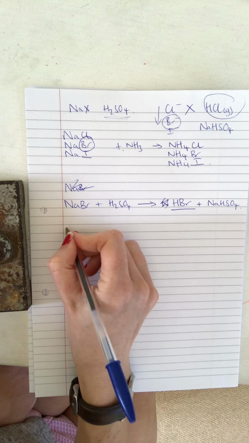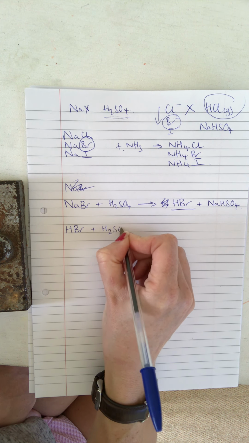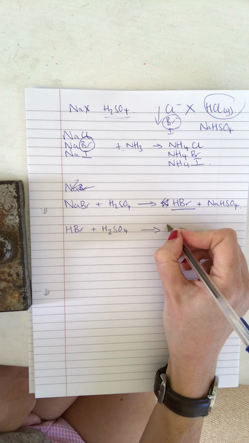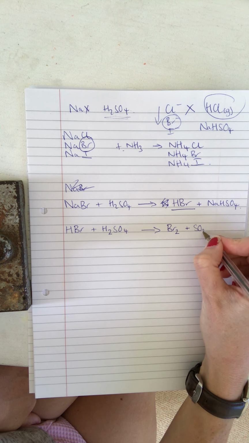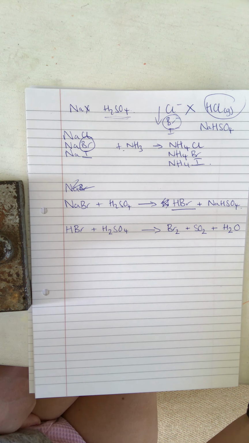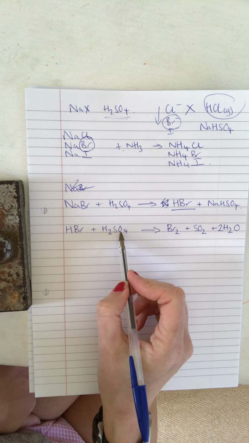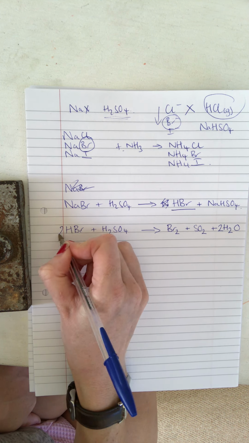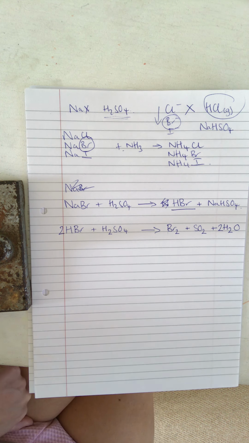This will then go on to react with more sulfuric acid, and it will give you bromine plus sulfur dioxide plus some water. It's going to give us two waters because you've got SO4 there and SO2 there, so let's just balance our hydrogens. We need two there, and then that takes care of balancing our bromines. Okay, so that's the overall equation.